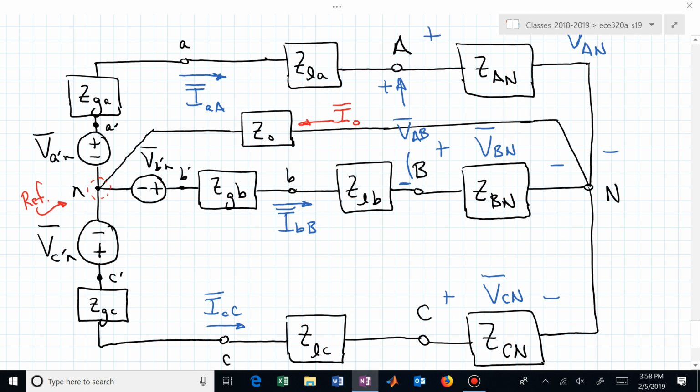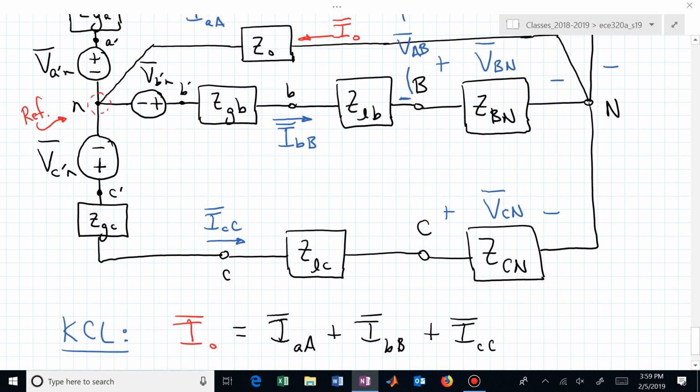So this is now our system. This is our three-phase system, and we're assuming it's balanced. The Z sub G's are all equal, the Z sub little l's are equal, and the load impedances are equal. That's our balanced three-phase YY interconnected system.